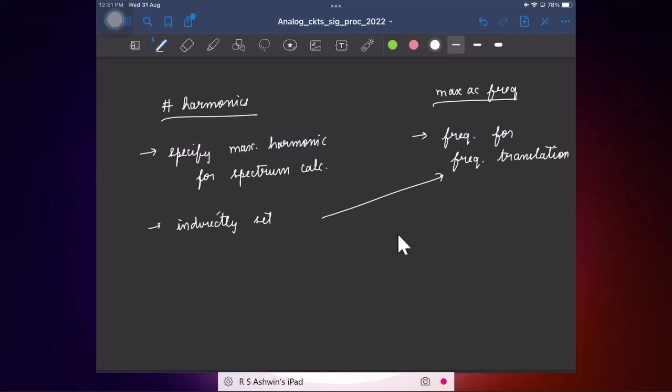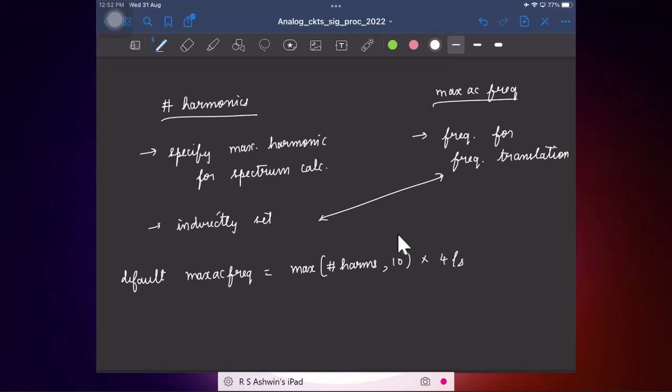So obviously it makes sense that there should be some relation between these two parameters, and this is the relation. The default value for max AC frequency is the maximum of the number of harmonics that you give, and 10 times 4fs.